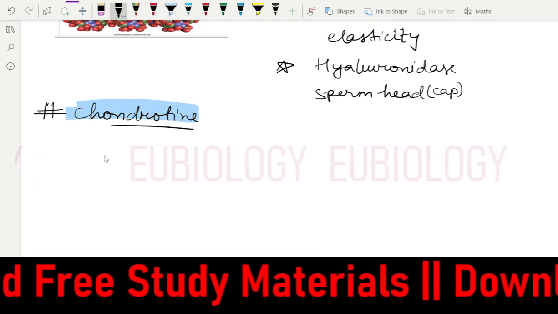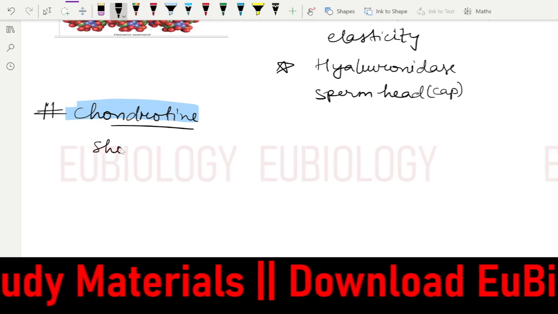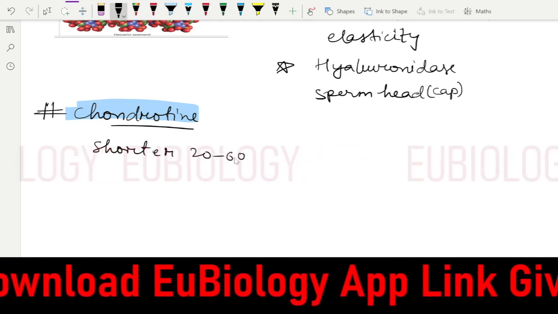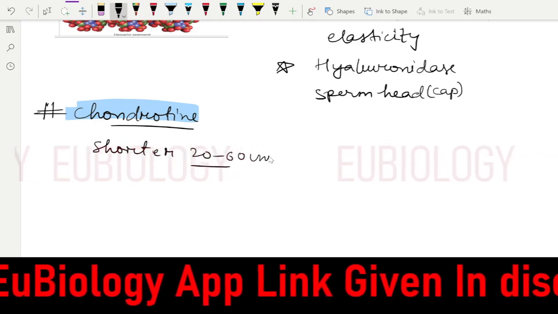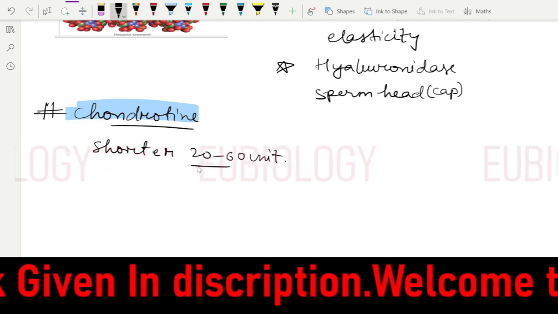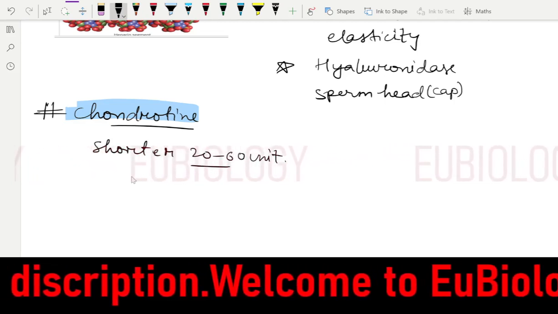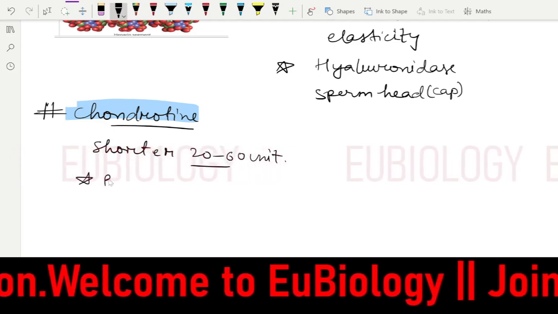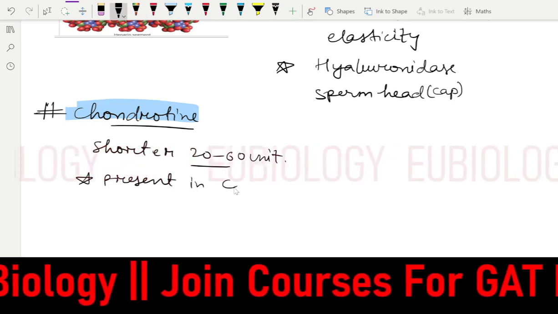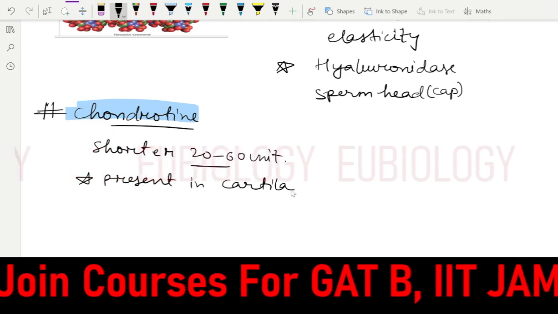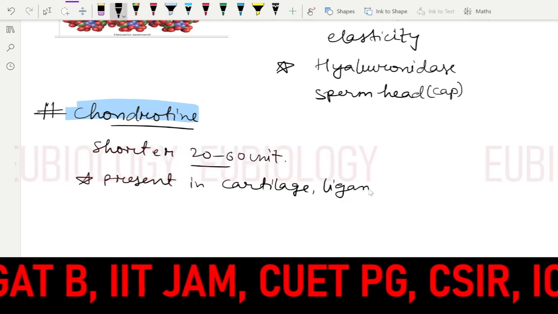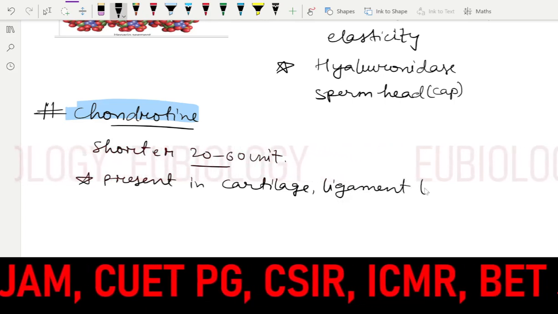Okay. Before that, you just write it is shorter, 20 to 60 units, and it is present in cartilage, ligament and tendon.